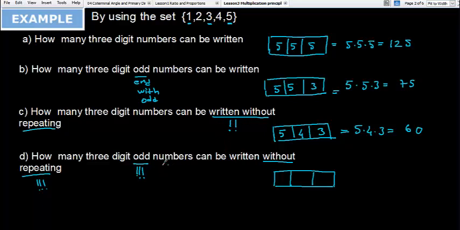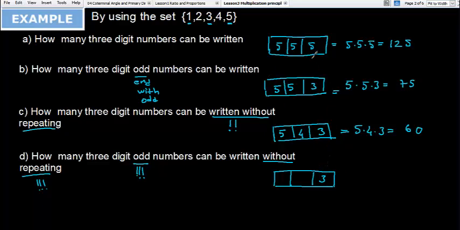For without repeating questions, we always start from the rule box. The rule here is odd numbers; without repeating is the secondary rule. That's why we are not starting with that one. So firstly we write how many odd numbers there are: 1, 3 and 5, so there are 3 possible cases.